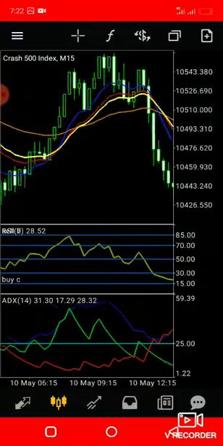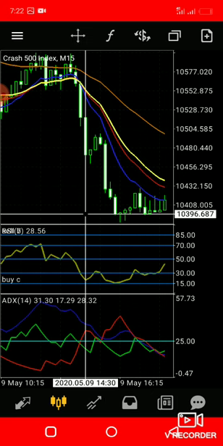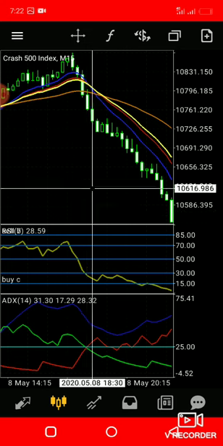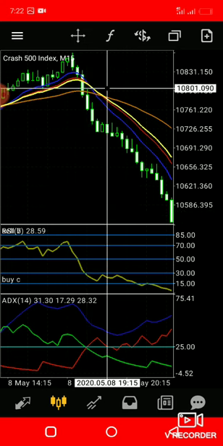So this is how the strategy works. Make sure you follow all the criteria. And what are the criteria? Let's start over again. This was a sell signal. Look at it here. You see our blue moving average was below all the moving averages, and that triggers a sell signal.